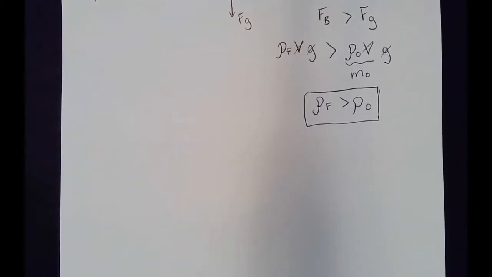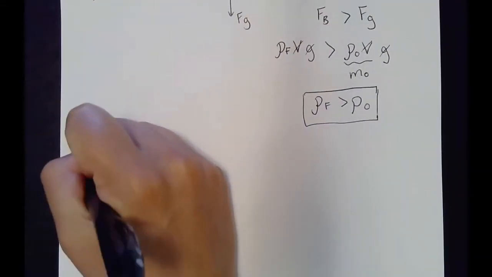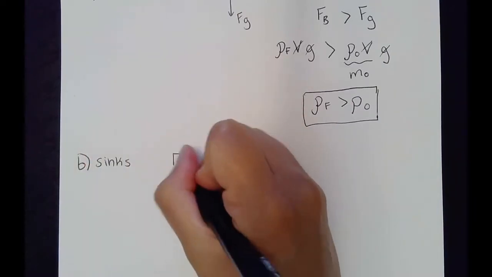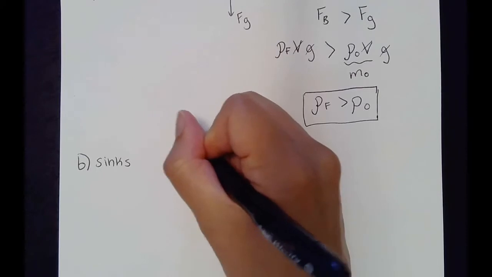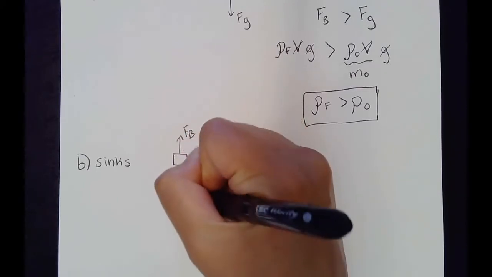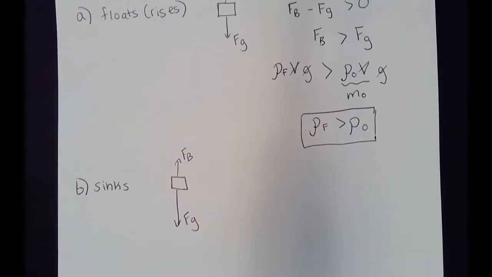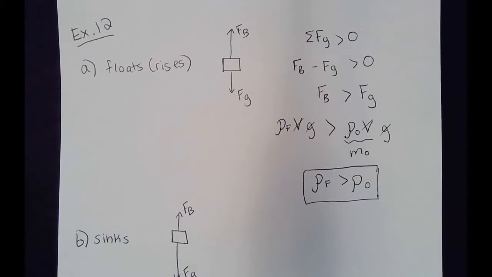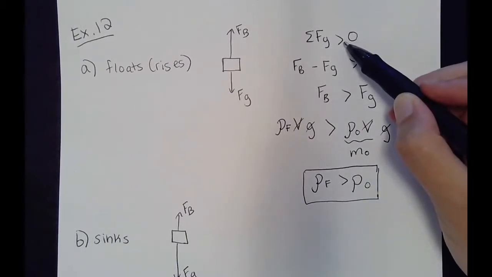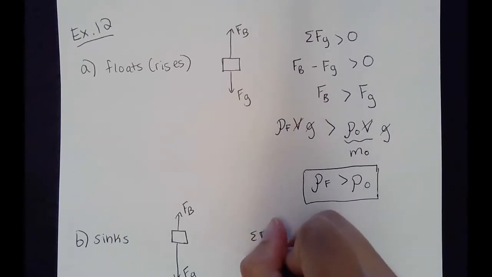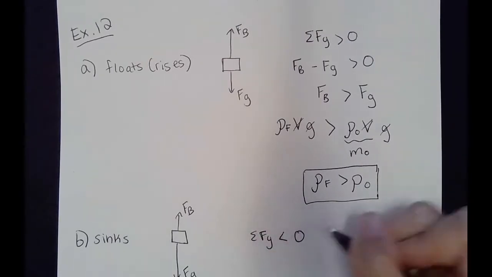Okay, so now let's consider the case where it sinks. So it's going to accelerate downwards when released from rest in the fluid. Now the buoyant force must be less than the weight for it to have a downward acceleration. And basically I can repeat this derivation here. What will change is my sign. This inequality sign will now be less than. We'll want our net force in the y direction less than 0.